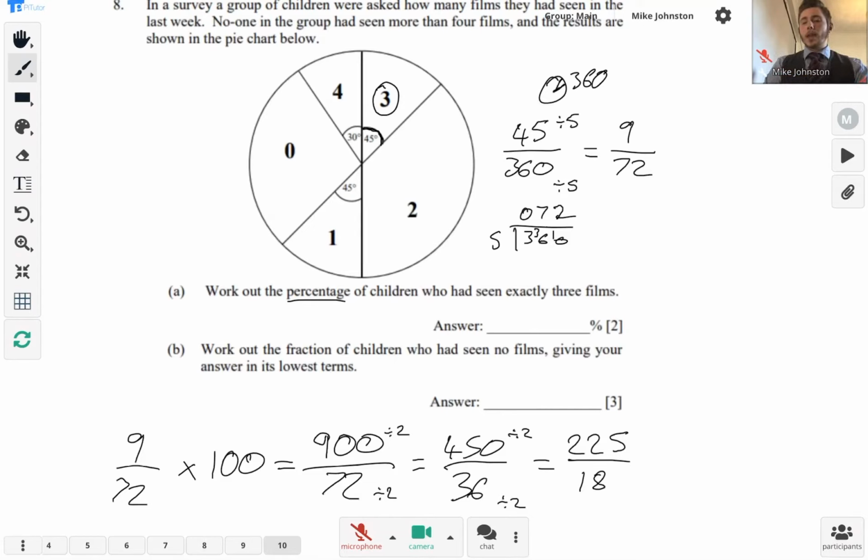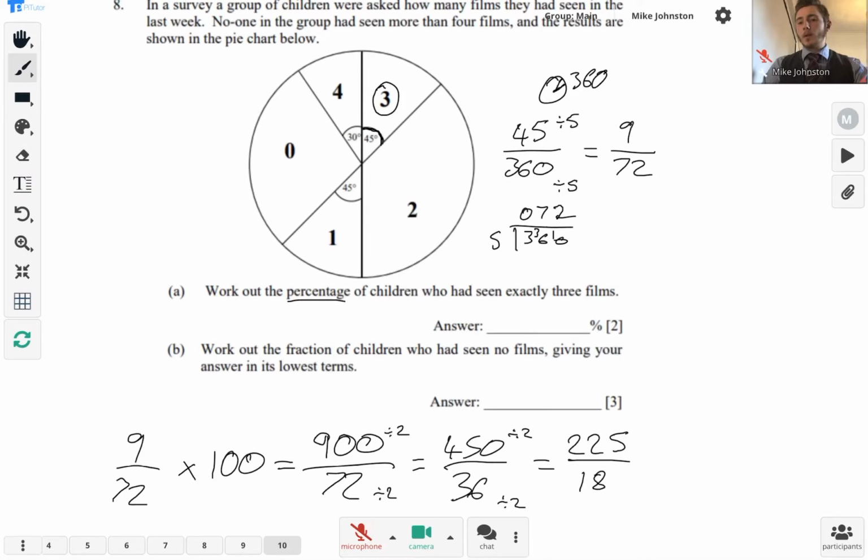So what I would do here is try and find a number to simplify by again. The best way is just to go from the smallest number to the largest number, and when there's an odd number, obviously that can't divide by 2, so the first thing I'm going to try is 3.